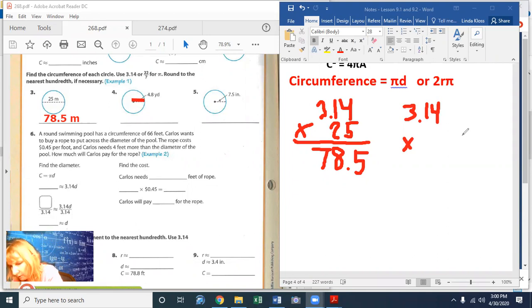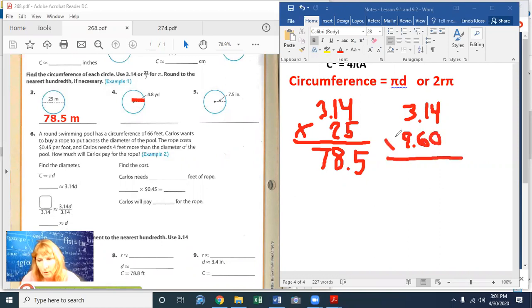Use the calculator, 4.8 times 2 is 9.6. So I'm going to put 9.60. And then we multiply that out.